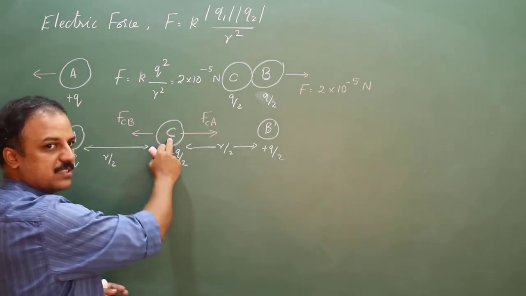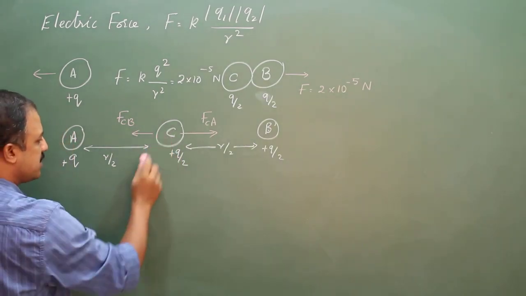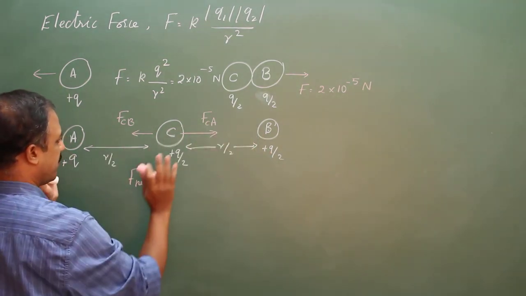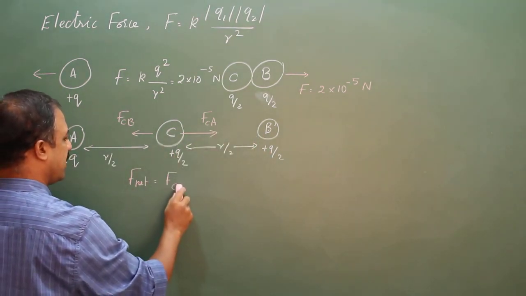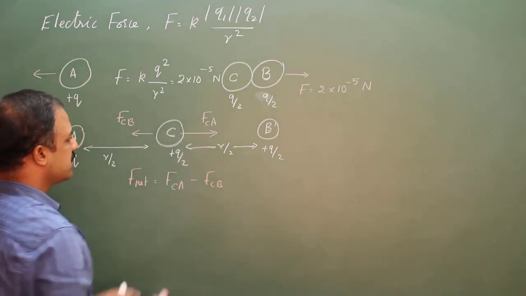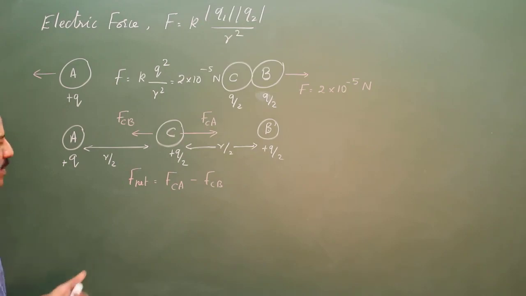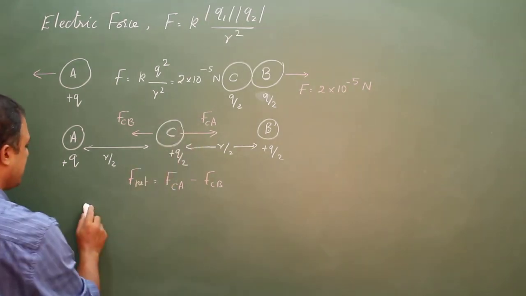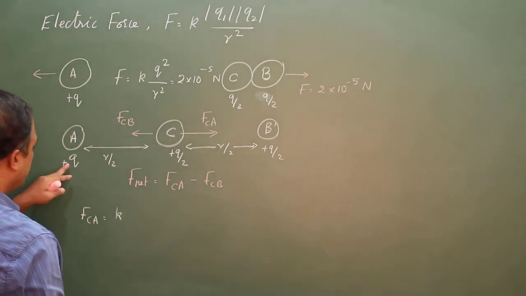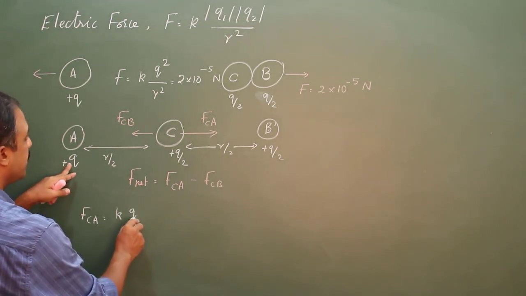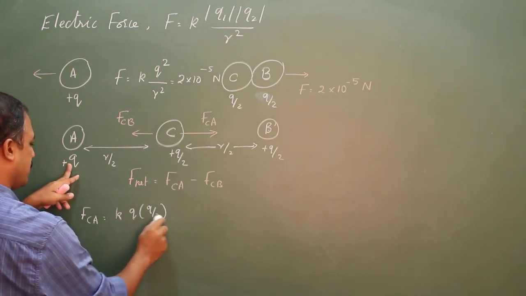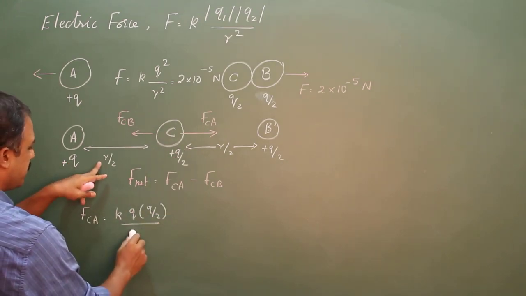Now what is the net force on C? From this diagram it is very clear that FCA will be greater than FCB. So I need to find out FCA and FCB. FCA is K times Q1 which is Q, and Q2 which is Q by 2, divided by R by 2 the whole square.